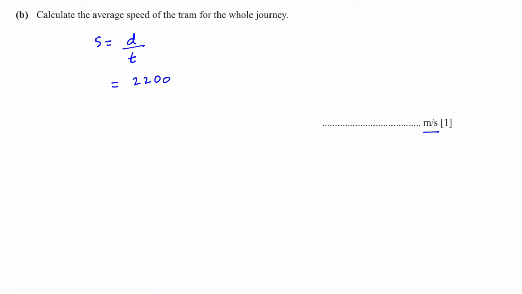So we'll just put in here now, divide by 130, and that will give us 16.9 something. We can round it to 16.9 meters per second.